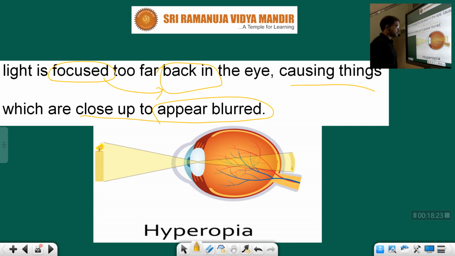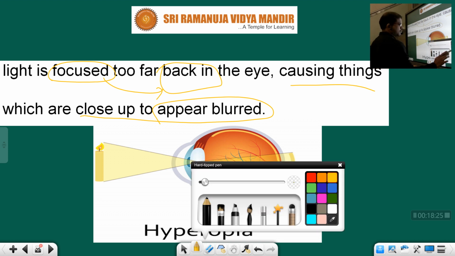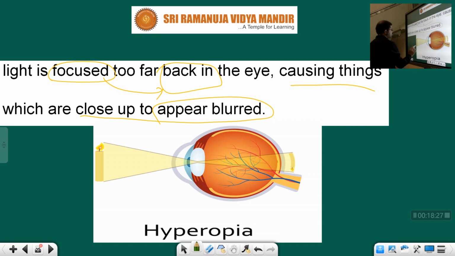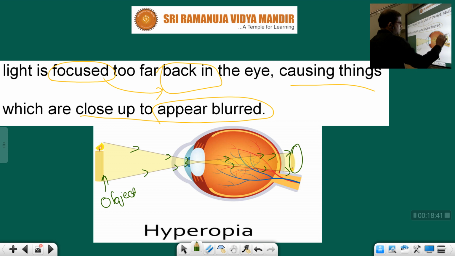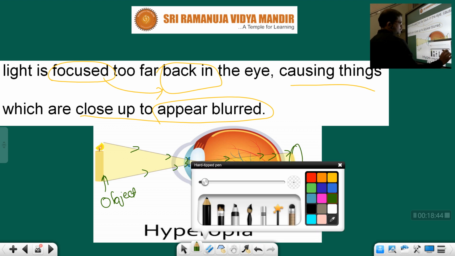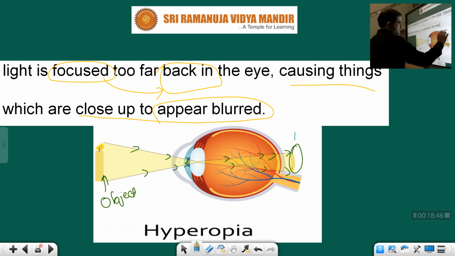Okay, children, observe here. This is the object, this candle. And light rays were coming out. After crossing this, see, children, here the image got formed. Here it is the image now.